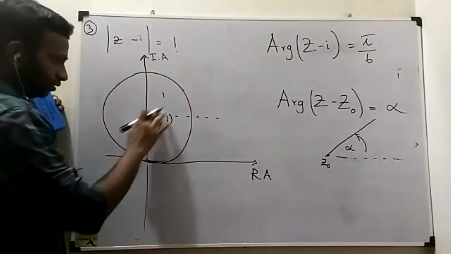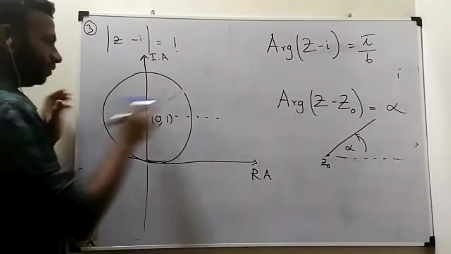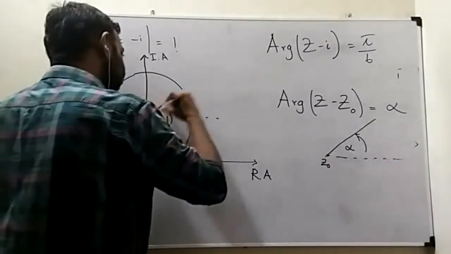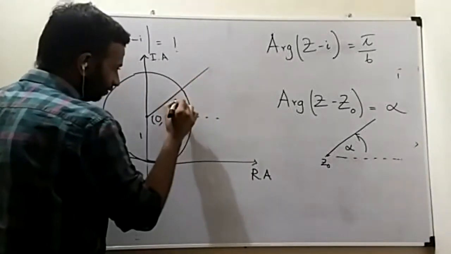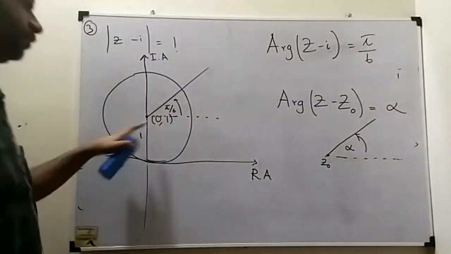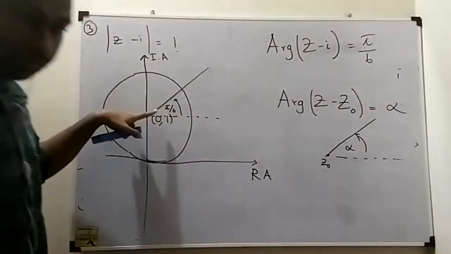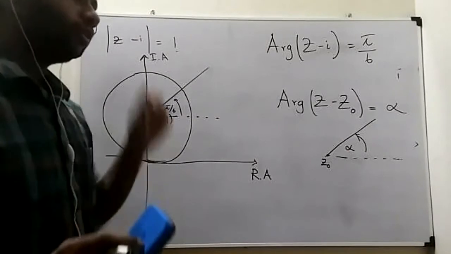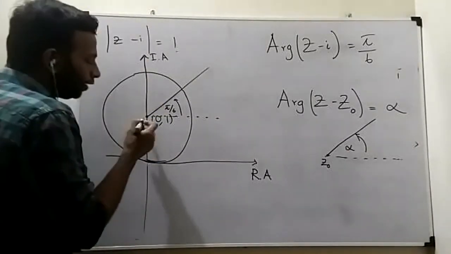So I'll just erase this because I'll put here as 1, so it will be clearer. So now z lies on this, and this angle is given as pi by 6. Clear? I represented this in the same diagram. Okay. Now, an important thing you have to note is this point is not included.